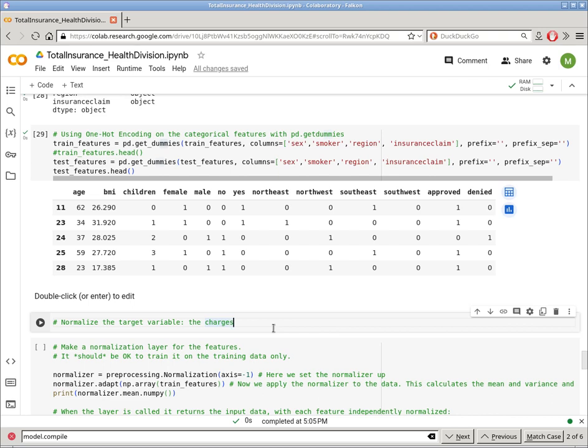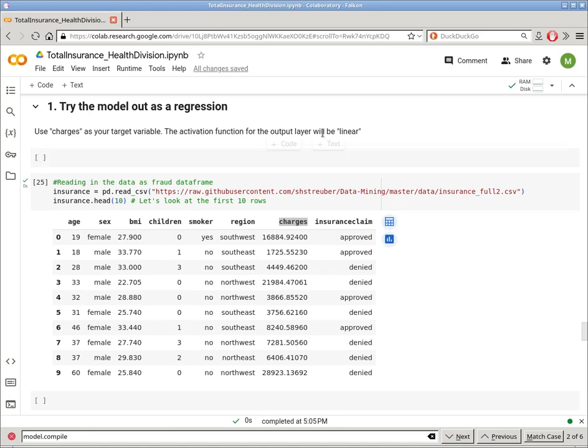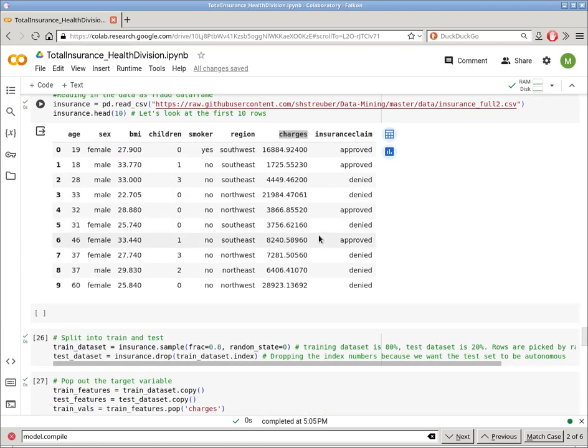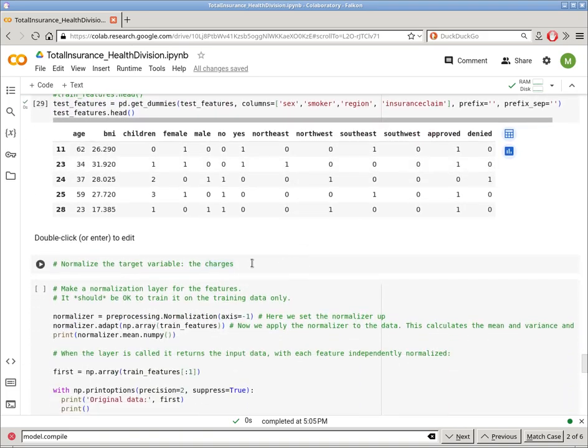And we also were instructed to use a linear output layer. So if the output of our neural network is from a straight linear thing, then let's honor that. We're just going to linearly scale the charges to be between 0 and 1.